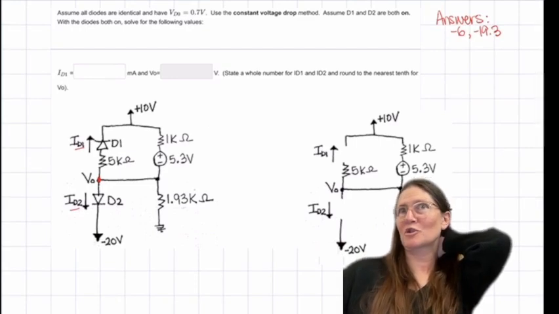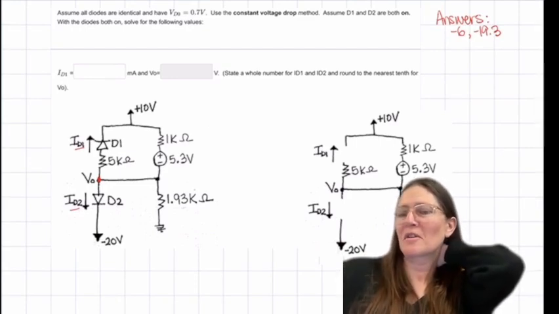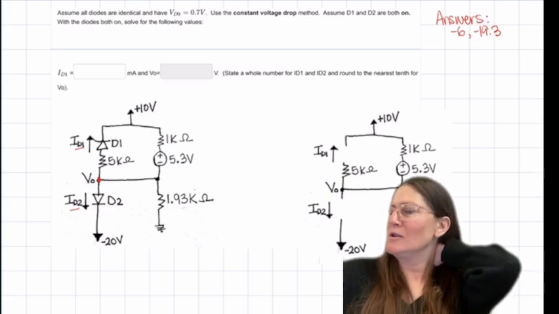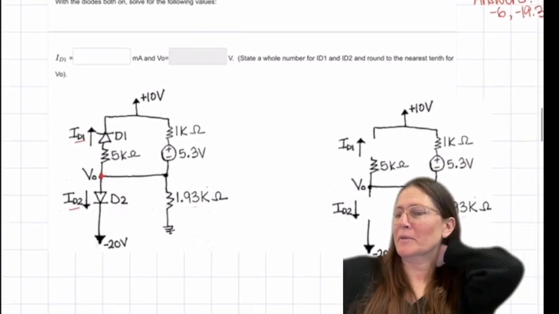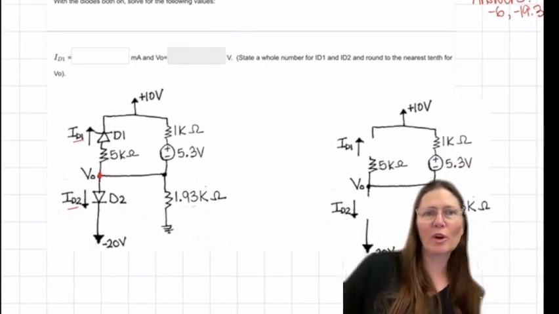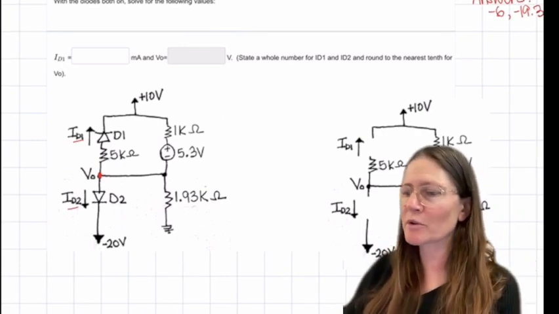So try to get to these values. Use 0.7 volts for the drop.